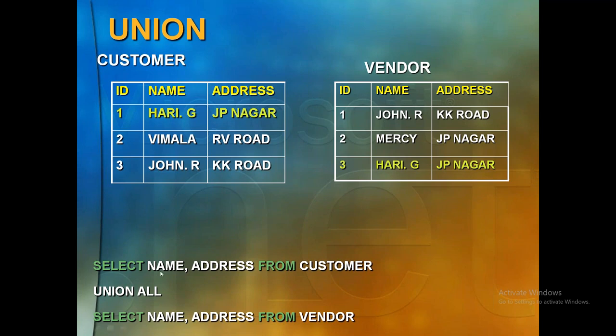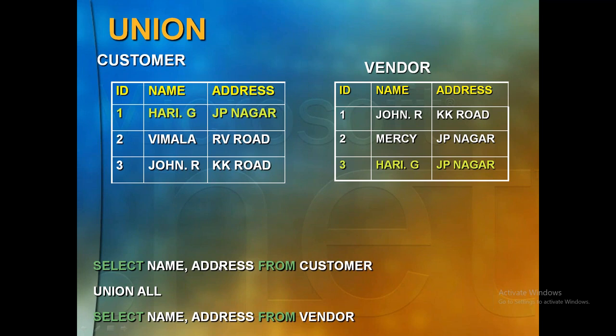And a few more things you should understand. If you have two columns in the first select statement, you must have only two columns in the second select statement. You cannot say select star from the first table, union or union all, select star from the second table. You must write the column names clearly. Clear? And the corresponding column data type also should match. For example, if name is a varchar column, this name also should be a varchar column.